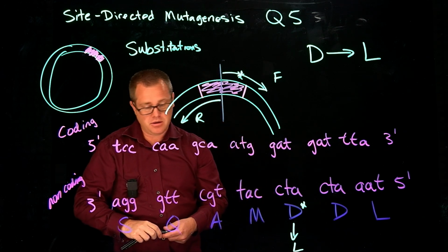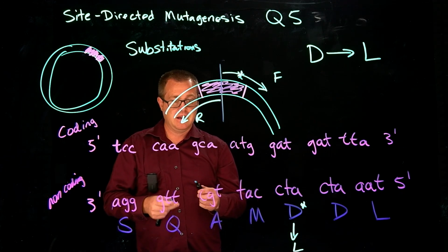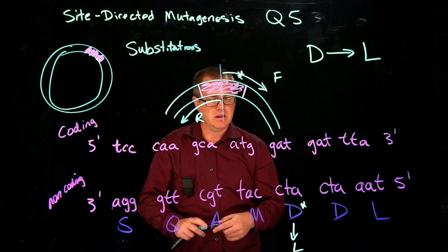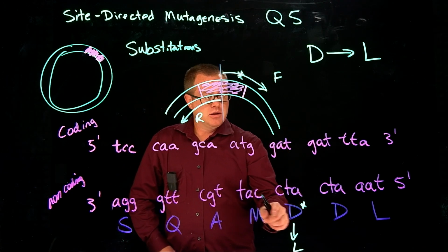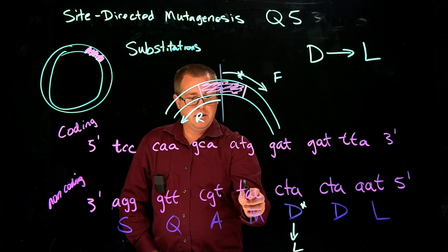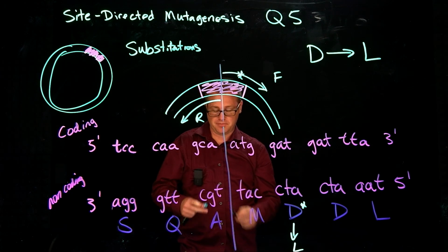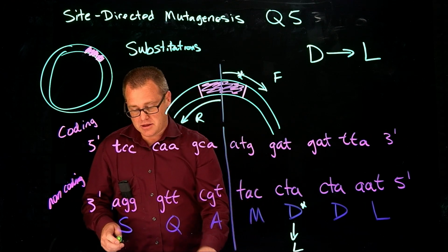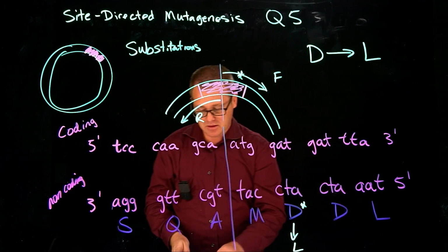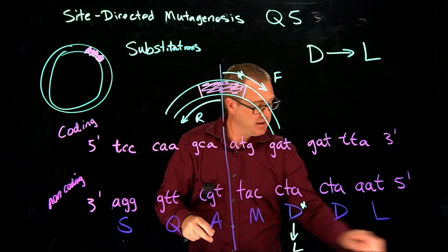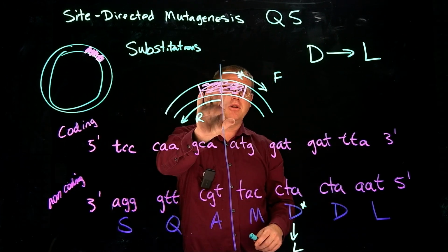Now what I'm going to do is give you some general principles here, but let's just do it real quick, okay? So there's the change. This blue line right here, I'm going to put it right there. And this forward primer now that I want to design, I'm going to follow the diagram here.